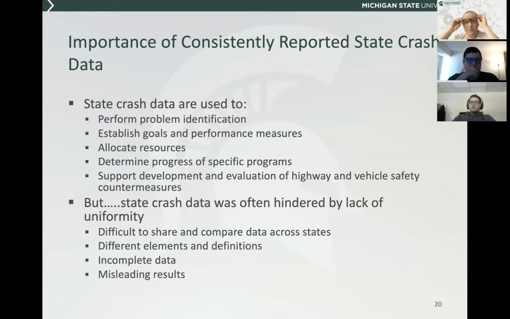Oftentimes we are interested in knowing what the effects of different laws or policies or programs are that may vary from state to state. So if we think about things like primary belt use laws versus secondary belt use laws, or states that have either recreational marijuana or medicinal marijuana, or that wouldn't have any marijuana use, where it'd be completely prohibited.